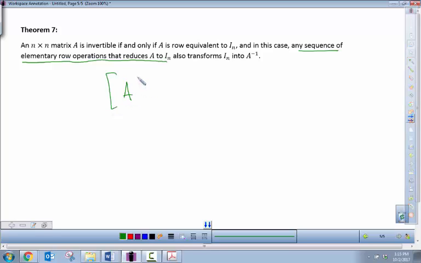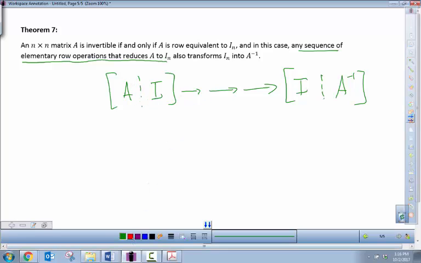We did our A to I, and then the elementary row operations eventually got us to make the A side look like the identity, which means that they're row equivalent, and then your resulting augmented portion is your inverse.